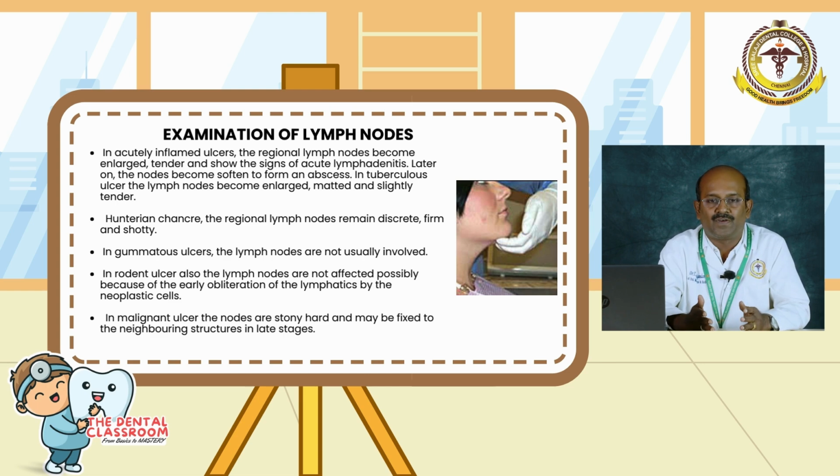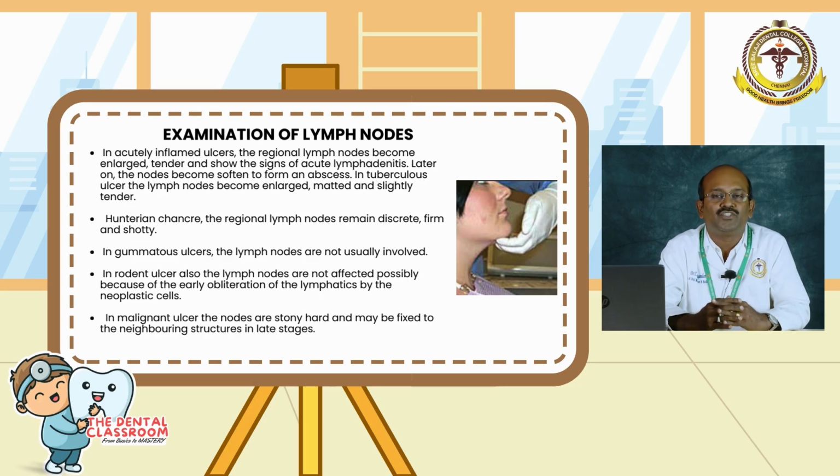So what does a lymph node have to tell? In any lymph node examination, normally the lymph nodes are never palpable. If a lymph node is palpable, that means the lymph node is enlarged. It is going to be tender in case of an acute inflammation. But sometimes the lymph node can be soft. It can be matted, that means matting in the sense of coalescence of lymph nodes together.